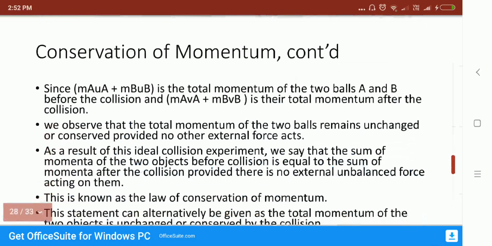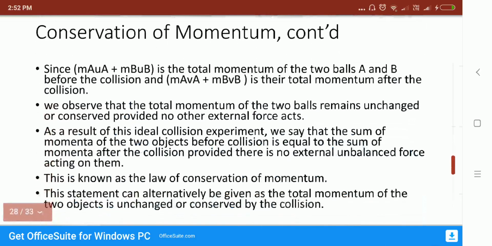So MAUA plus MBUB is the total momentum of balls A and B before collision, and MAVA plus MBVB is the total momentum of balls A and B after collision. So we can say that the total momentum of the balls remains unchanged when no other external force acts on it.